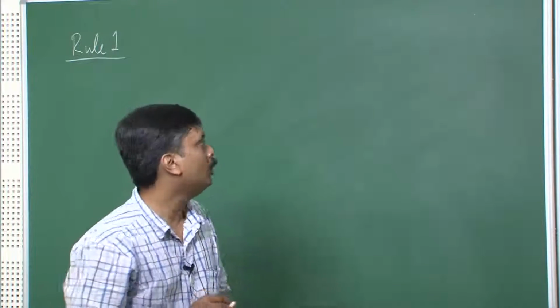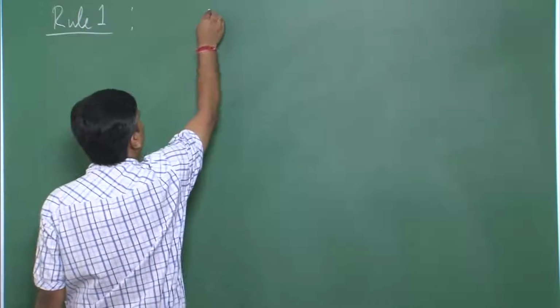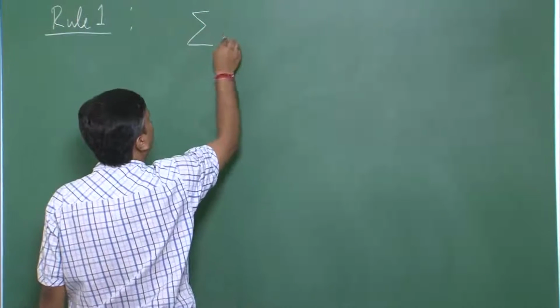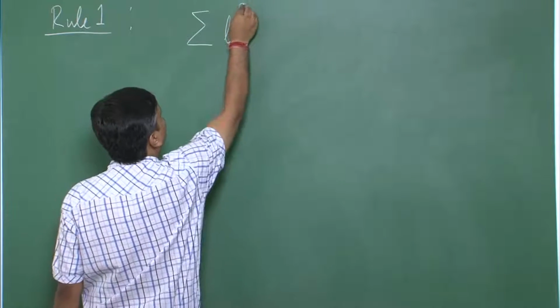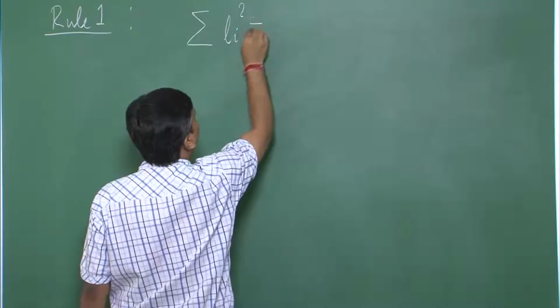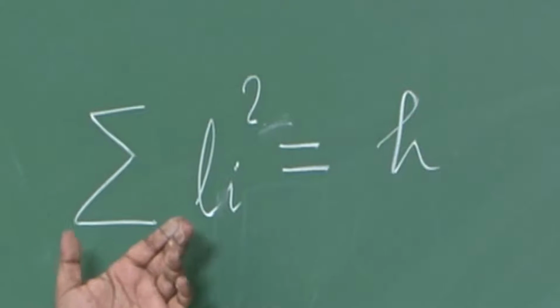Okay, so mathematically, if I want to say that, it is equal to this. So l_i represents the dimensions.